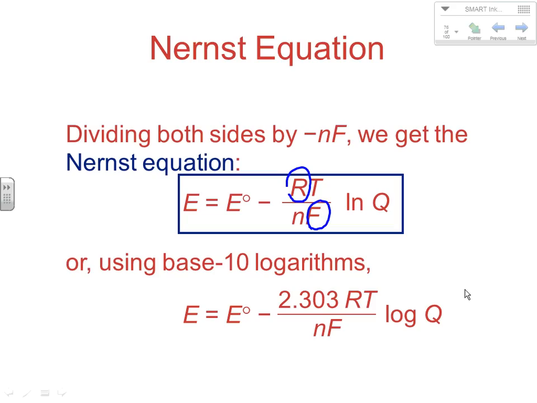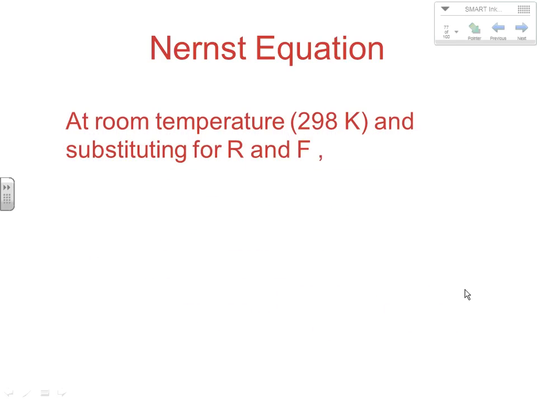So now we've got a way to calculate this for non-standard conditions. If we've got a reversible reaction and we know our concentrations, because that's what Q is related to, remember, our equilibrium expression is looking at relationships related to concentration, we have a way to plug in for current concentrations and calculate what our new cell potential is.